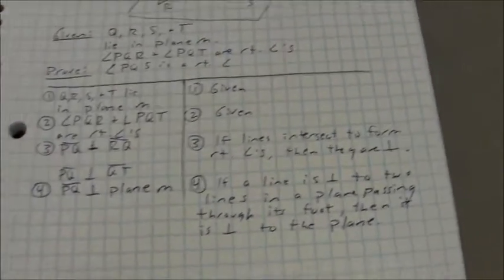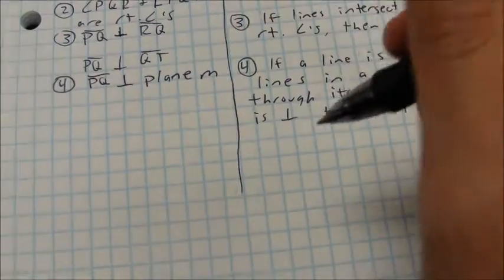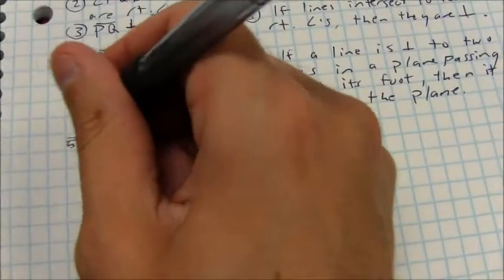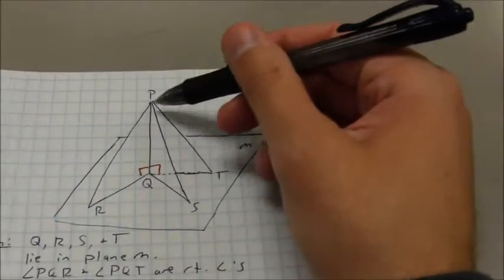And this is very important because now I know if a line is perpendicular to a plane, it's perpendicular to all lines in the plane passing through that foot. So now I know PQ has to be perpendicular to all lines passing through its base.